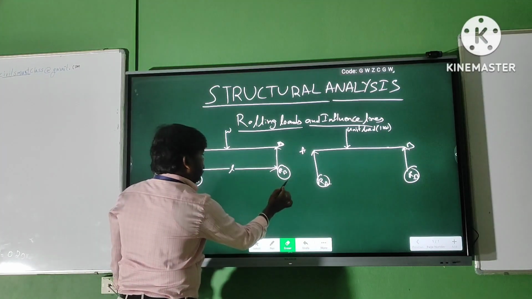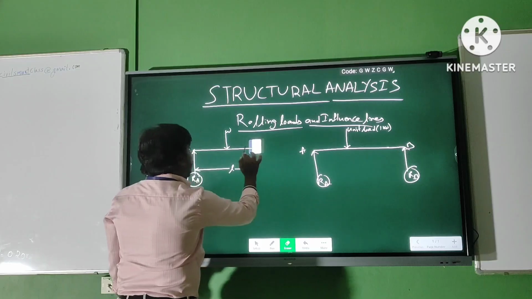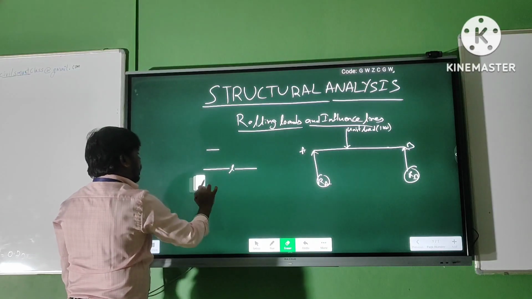Coming to our content, we will draw the influence lines of RA and RB.